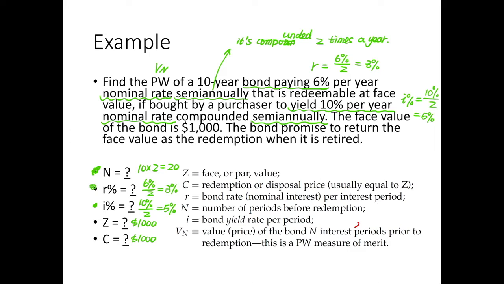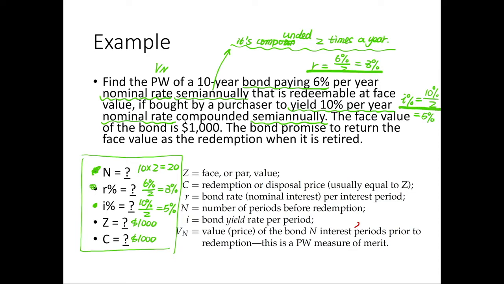Once you have a bond problem, you always want to find out these values. And the tricky part is you need to know how often the interest is calculated a year, so that you can convert your R and your I to the interest per period.